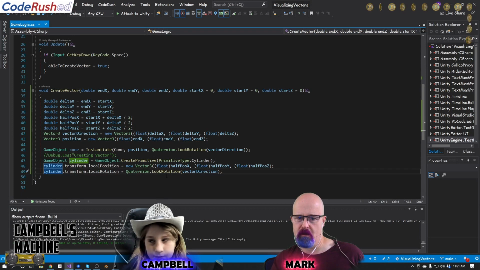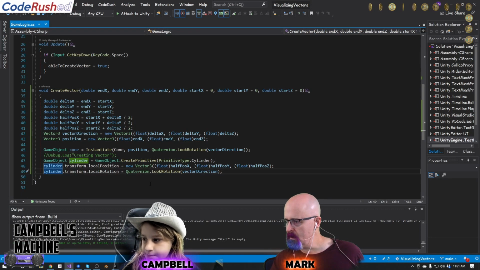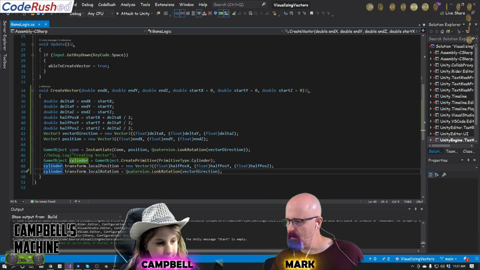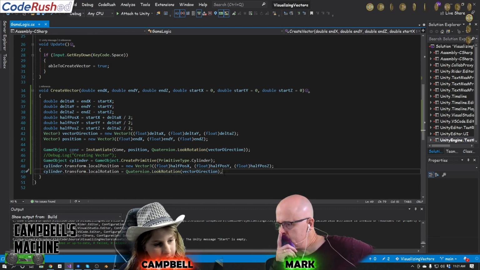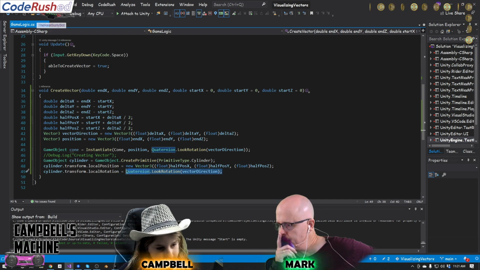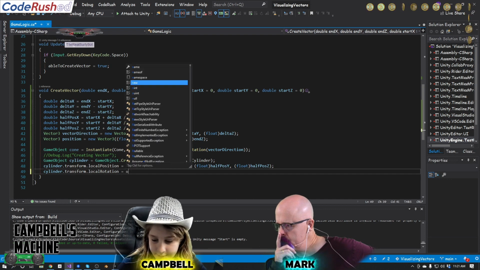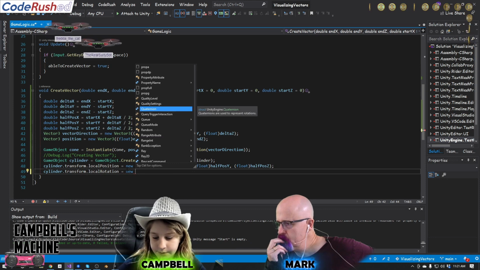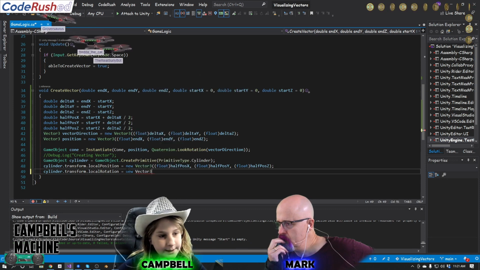It's weird. Okay. Here, I have an idea. It's gonna be a little bit of code, but it will work, I think. Vector 3.